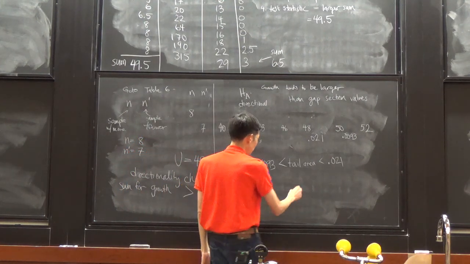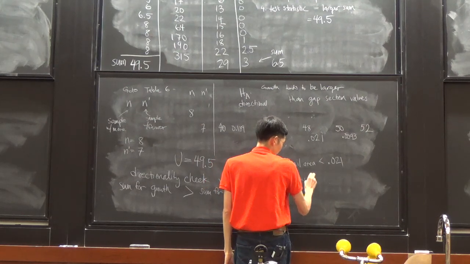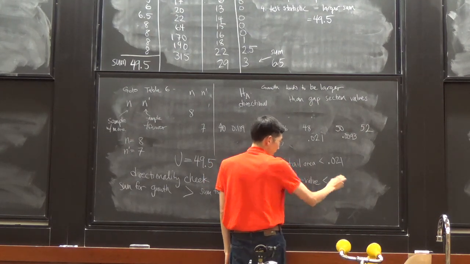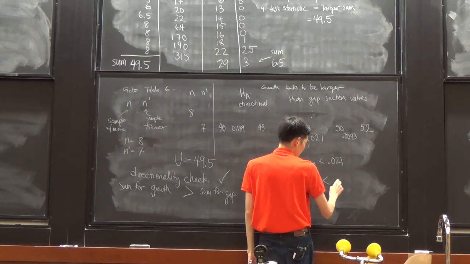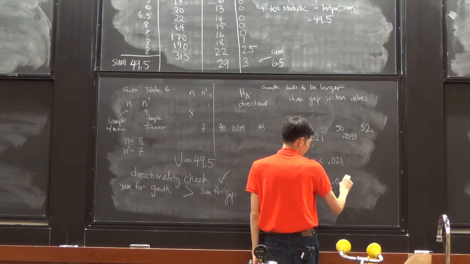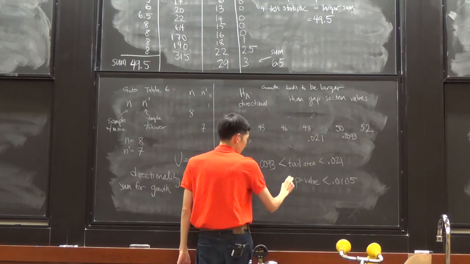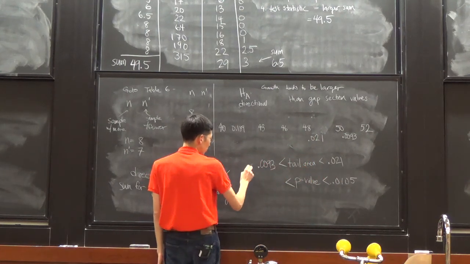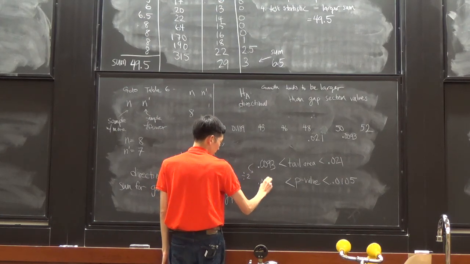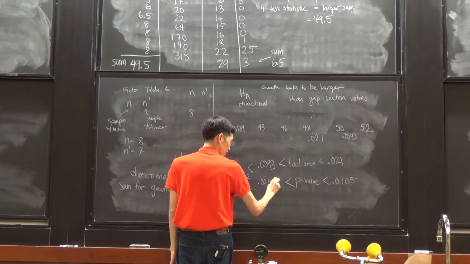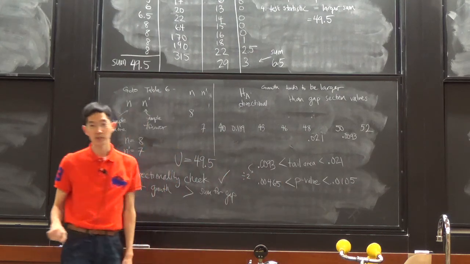So our p-value is going to be less than 0.021 divided by 2, and that becomes 0.0105. And this we divide by 2, and we get 0.00465.